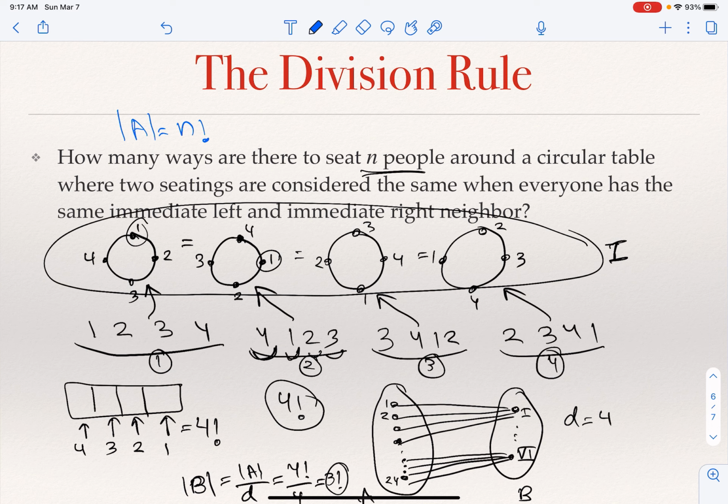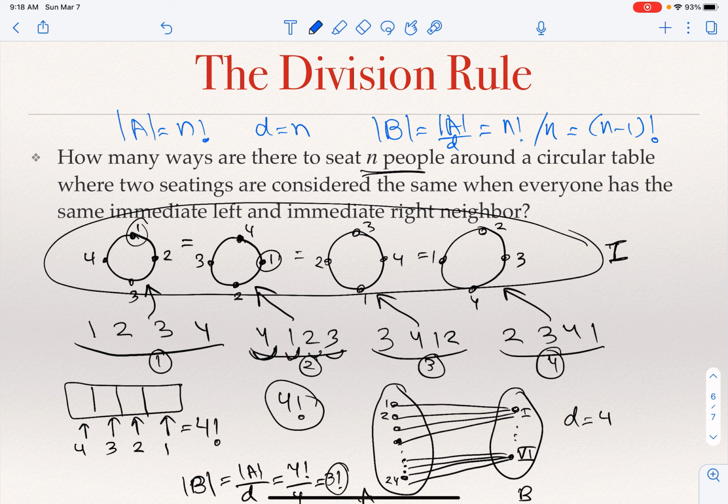So in our case now D becomes equal to n. If you look at n people, just rotate them. There are n ways to rotate them and give you exactly the same circular seating. Therefore, the size of B, the number of different ways of seating n people around the circular table, is the cardinality of A divided by D, which is n factorial divided by n, which is (n minus 1) factorial.